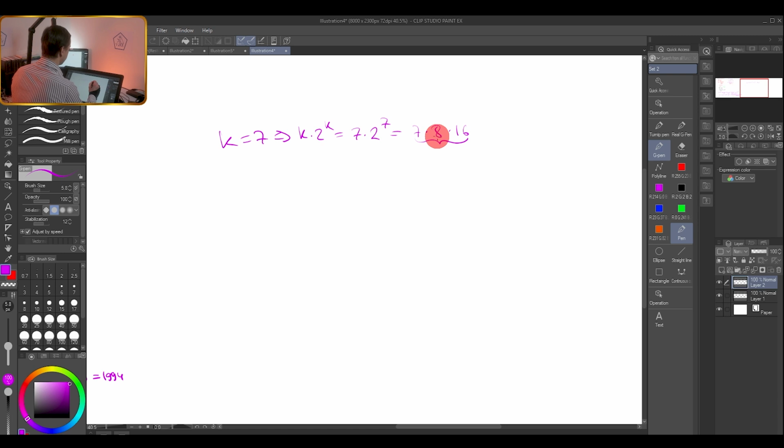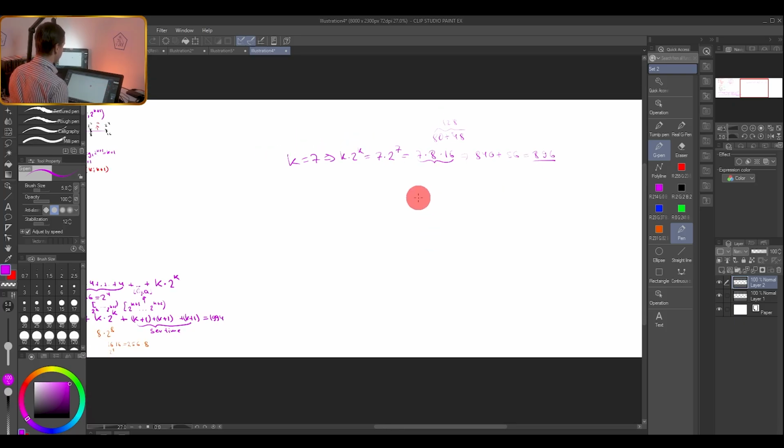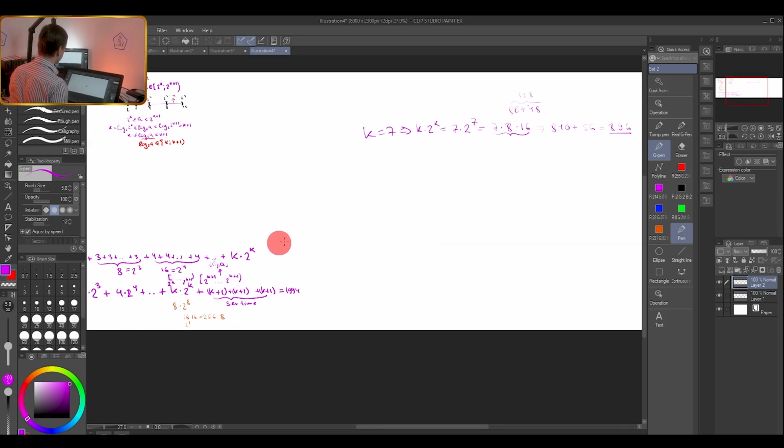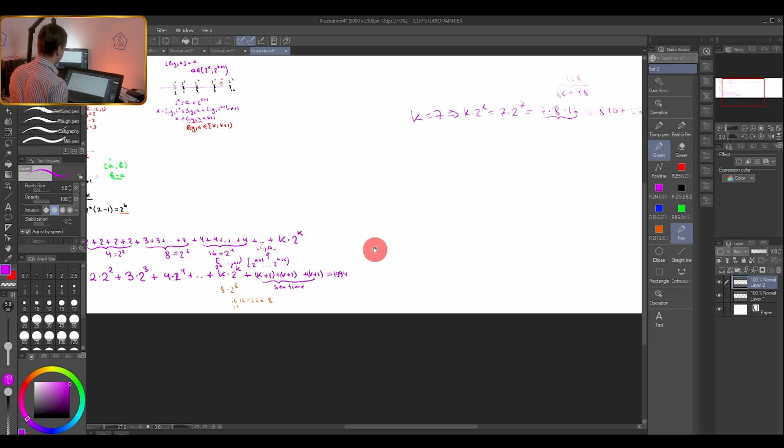It will be 8 times 16, which is 80 plus 6 times 8, 48, so 128, times 7. It will be 700, 840, plus 7 times 8, 56. It will be 896, like this one. And we obviously need to calculate the remaining numbers here.